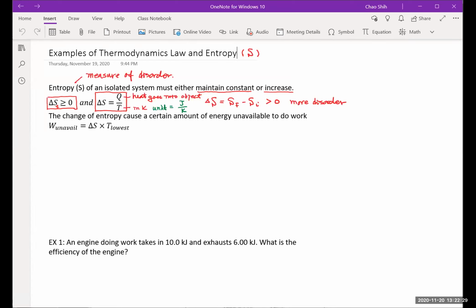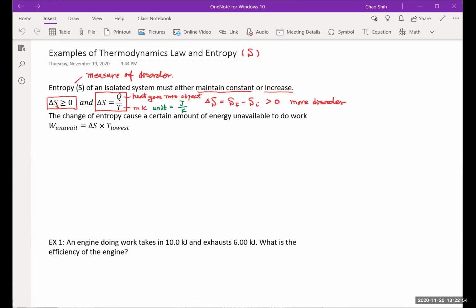Now, because we said it's not possible to turn all the heat transfer into work, a related topic in this chapter is efficiency. And efficiency is related to how much work you can actually get out of the system. So here I have another equation.